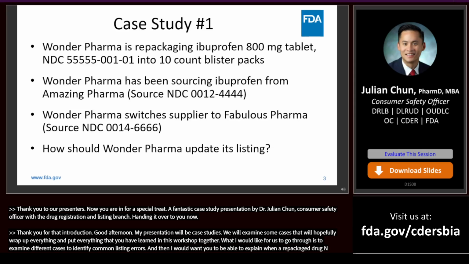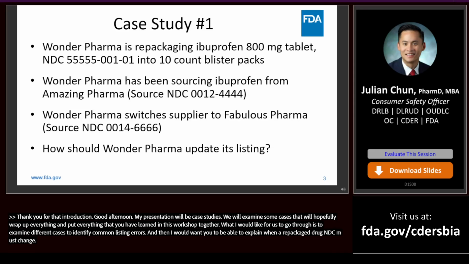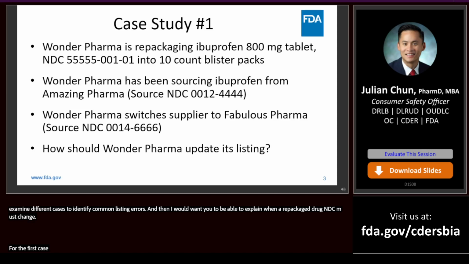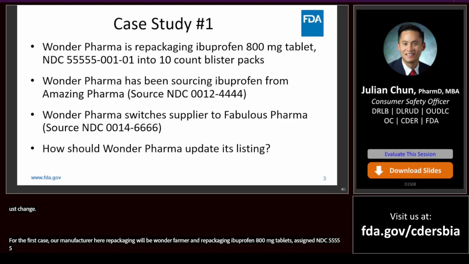For our first case, our manufacturer, actually in this case a repackager, is Wonder Pharma, and they are repackaging ibuprofen 800 milligram tablets. They've assigned it NDC 55555-001-01, and they are repackaging them into 10 count blister packs.